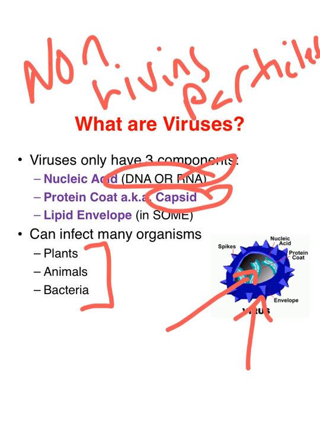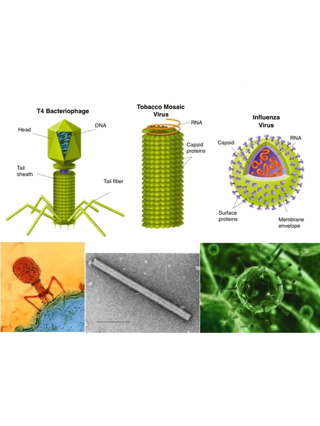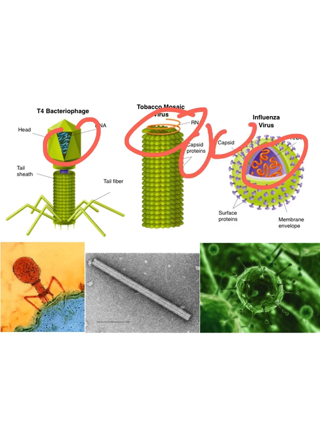The protein coat can adhere to the surface of the cell and allow insertion to take place. Here's some examples of some different viruses, and no matter what it looks like, you can see the genetic information and the capsid. These are electron microscope images, magnified hundreds of thousands of times.